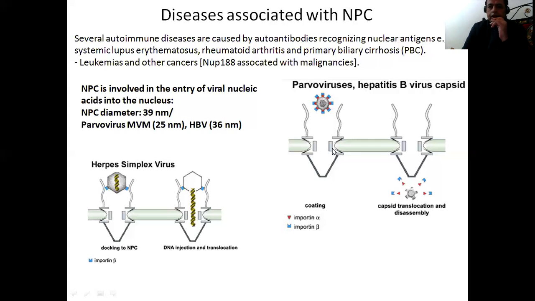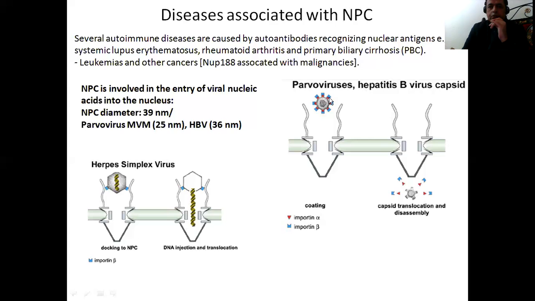The parvovirus reaches the nuclear pore complex. It's very small, 25 nanometers, and the hole here is wide open, so the parvovirus would just enter this structure with the help of these importins and exportins. These blue are importin beta, and red are importin alpha.